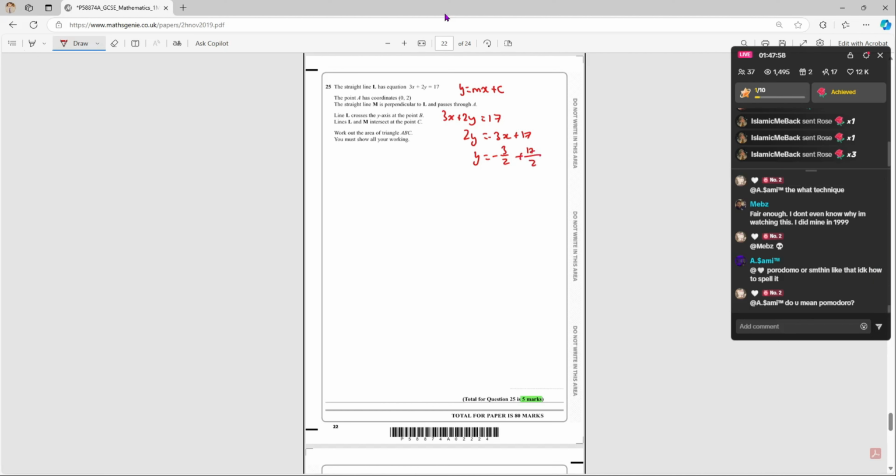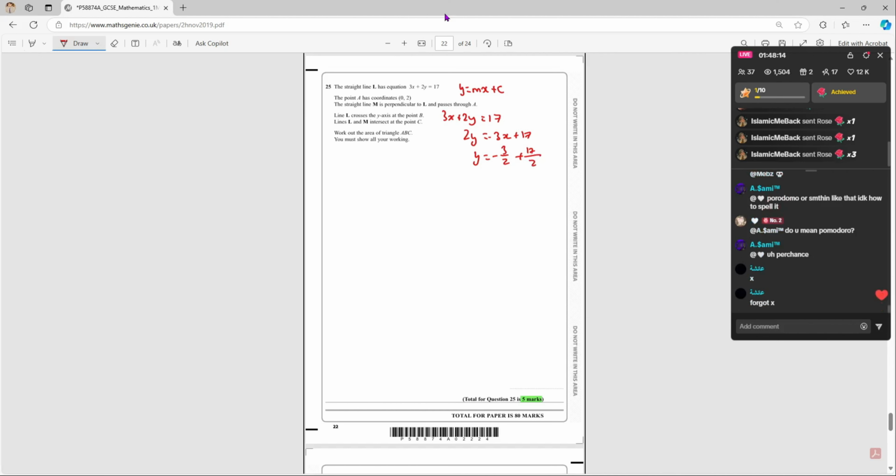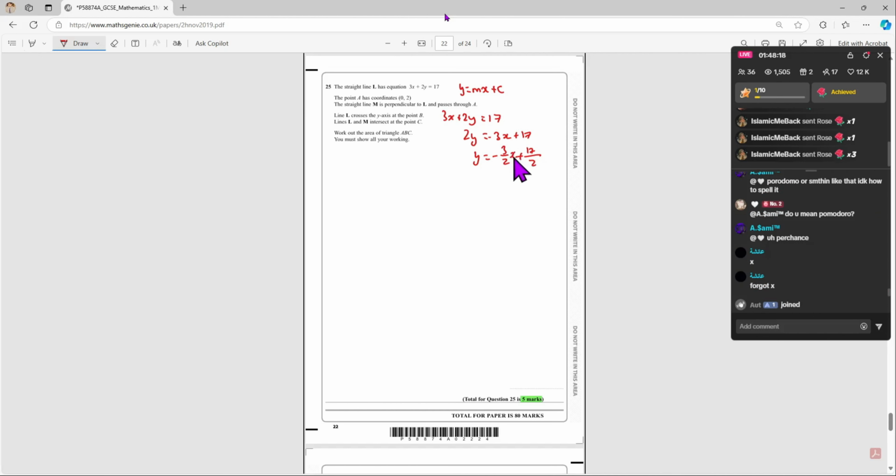Now once you've done that, we know that perpendicular lines meet at 90 degrees. Oh yeah, I forgot x. X is going to go there.